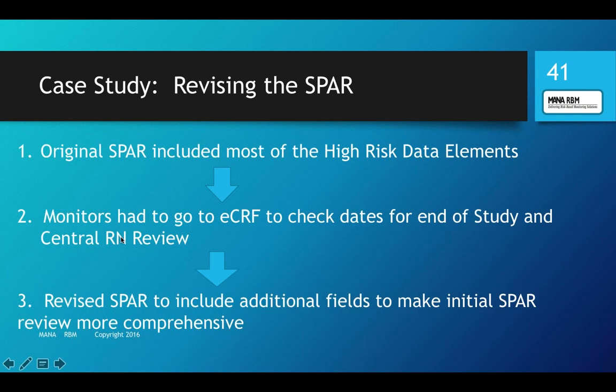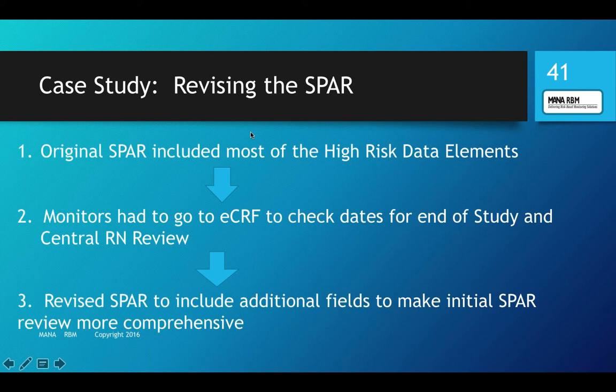So when we designed the original SPAR, we thought we included all the high-risk data elements, but what our monitors found out is that they then had to go to the eCRF to check a couple of additional dates, the end of study date and certain dates for specific required central RN review. And so by identifying these different fields that they had to go back into the CRF to do, we were able to revise the SPAR to include these additional fields. And then that allowed the initial SPAR review to be more comprehensive.